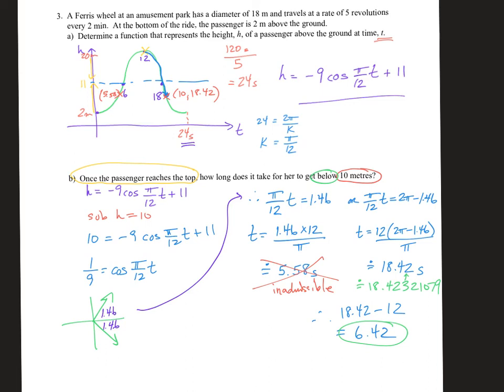I haven't got to that height of 10 meters yet, and so I definitely haven't gone below it. The way that we make this adjustment is to simply ensure that we round accordingly. So if I rounded just a little bit more up, then I will get below 10 meters. Tack on your units, and you are good.